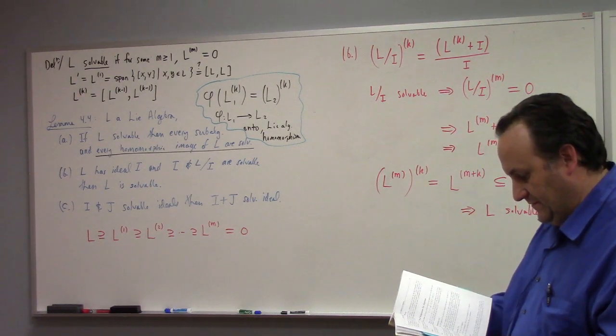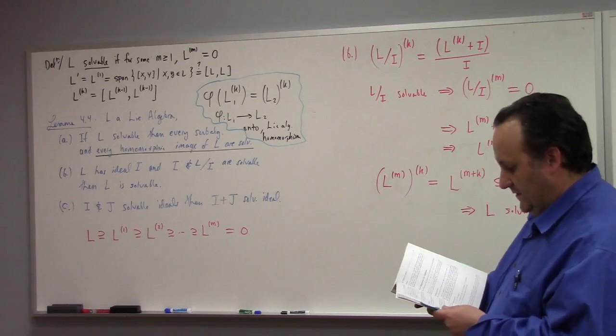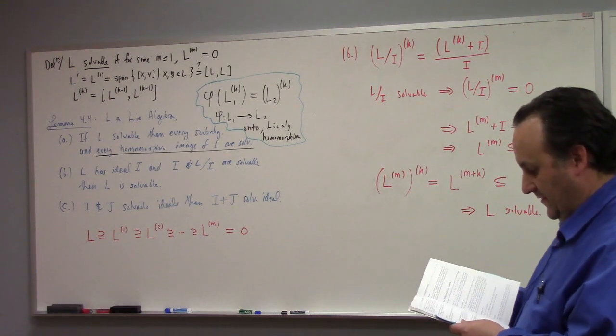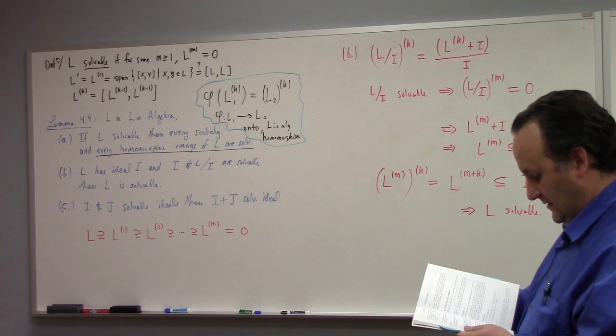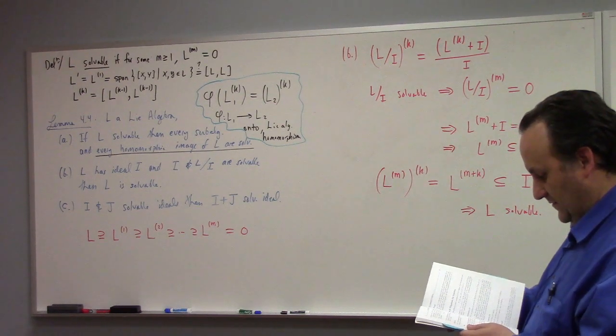Remember, we also had that there's a unique solvable ideal containing every other solvable ideal, and that largest solvable ideal is called the radical of L, right?